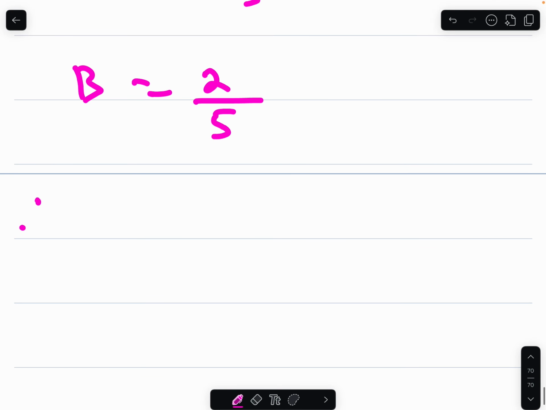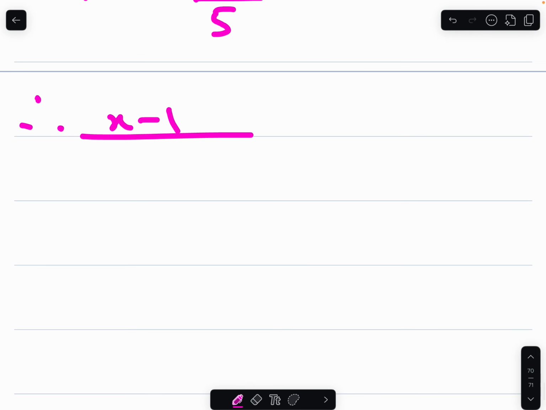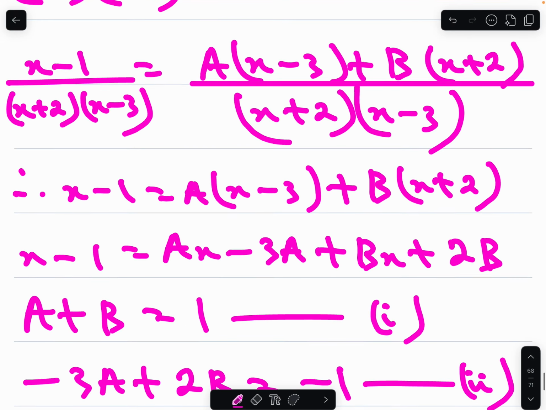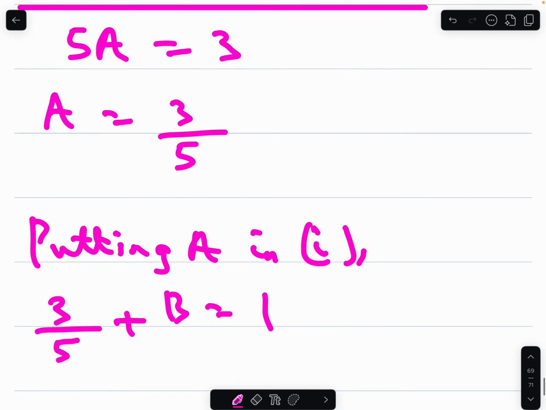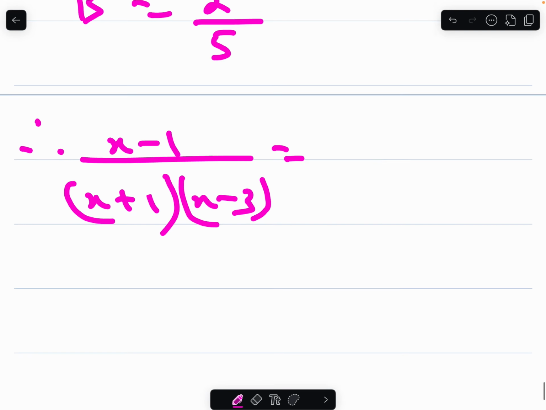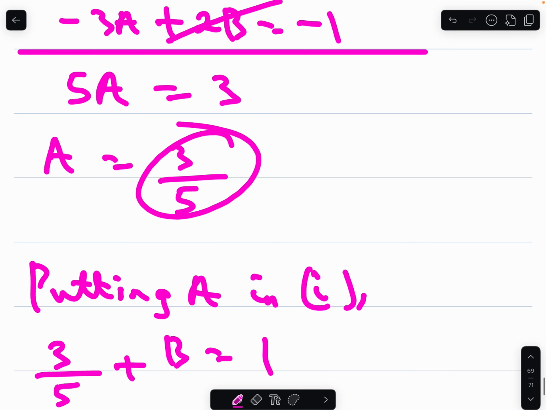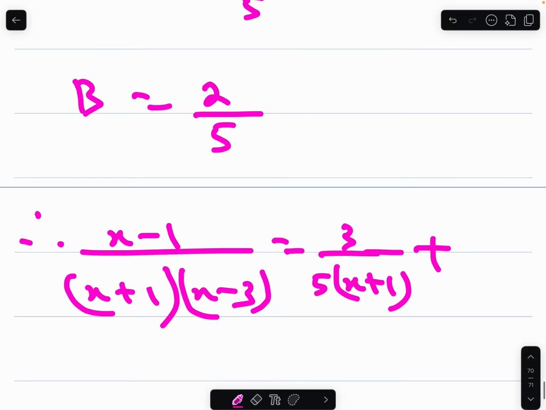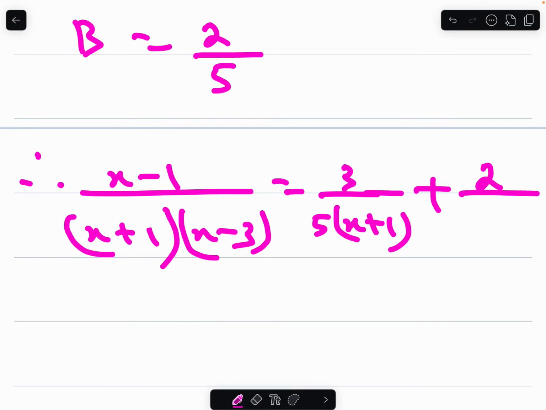So b equals 2 over 5, which therefore means x minus 1 over x plus 1 times x minus 3, not x minus 2, x minus 3, will be equal to a over x plus 1, and we see that a is 3 over 5, that's 3 over 5 all over x plus 1, and I can write it simply as 3 over 5 into bracket x plus 1 plus b, which is 2 over 5 over x minus 3, which can be written simply as 2 over 5 into bracket x minus 3.